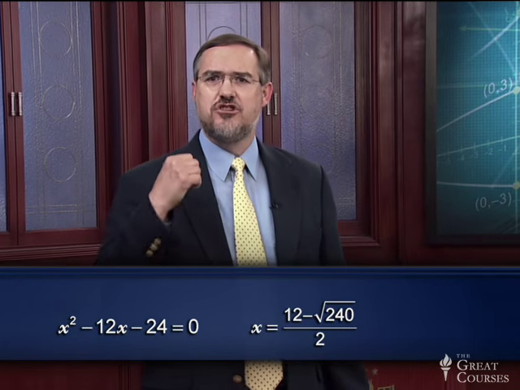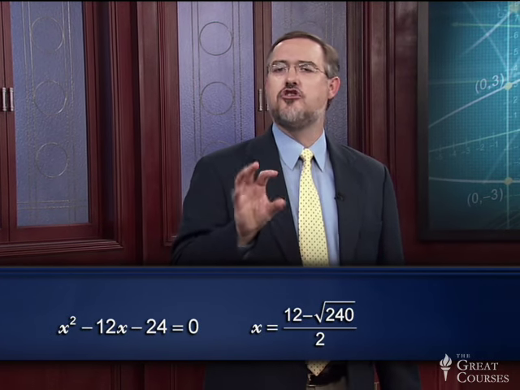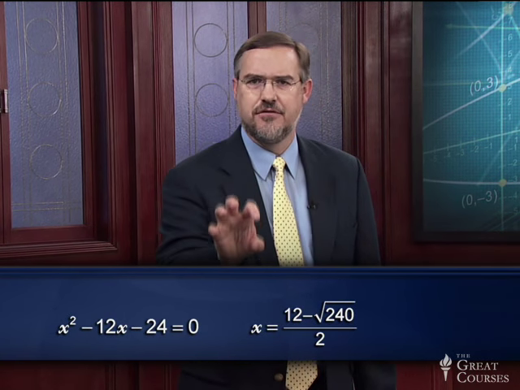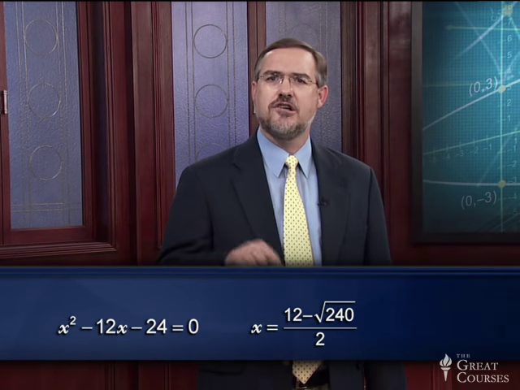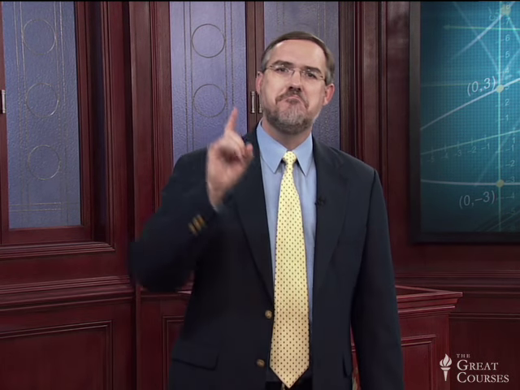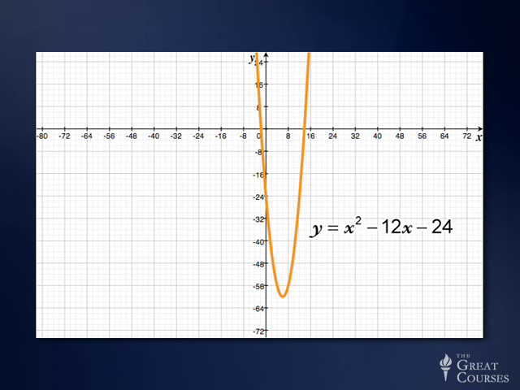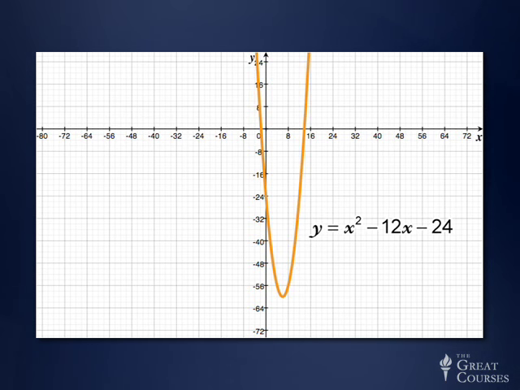Notice in the example that we just did, the discriminant was exactly positive 240. Because the discriminant is positive, immediately I know that the parabola related to that equation has two x-intercepts. In fact, a quick sketch of that parabola shows pretty easily that there really are two x-intercepts. And we could say a bit more.